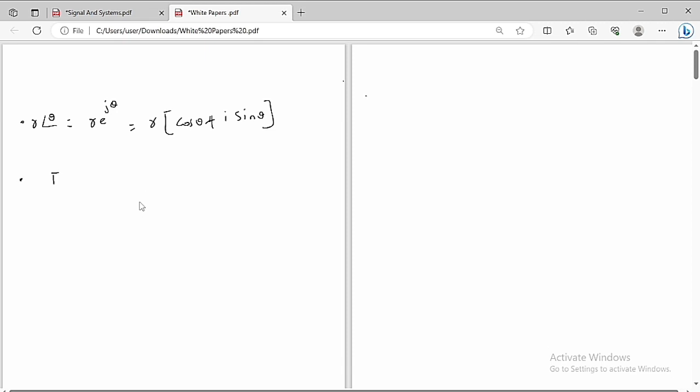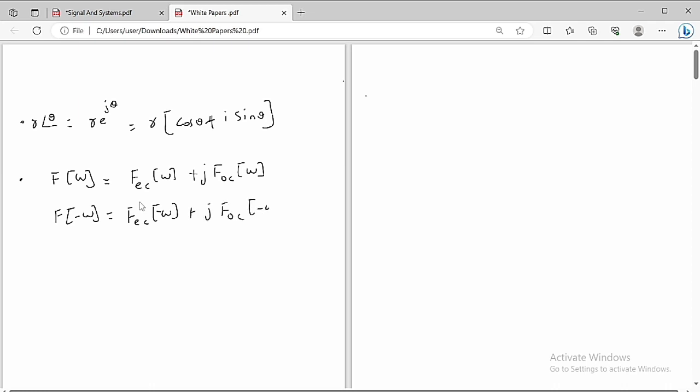The real part is even and the imaginary part is odd. So F of minus omega is the even part at minus omega plus j times the odd part at minus omega.